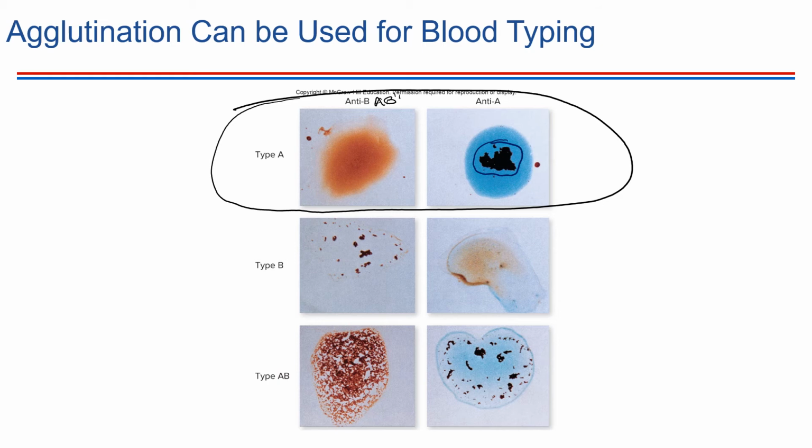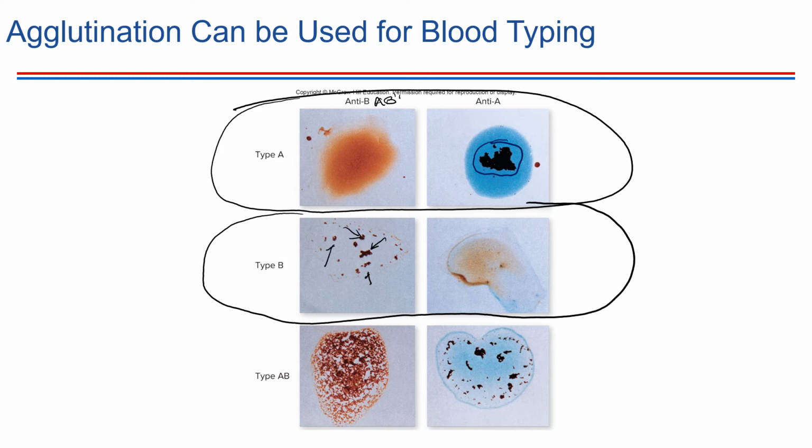Similarly, if we took type B blood, two different strains of it, and we added anti-B antibodies to the type B blood, we're going to see all of this clumping going on here. This clumping is what's going to cause those red blood cells to lyse, as opposed to if we just added anti-A antibodies to the type B blood, nothing is really going to happen.